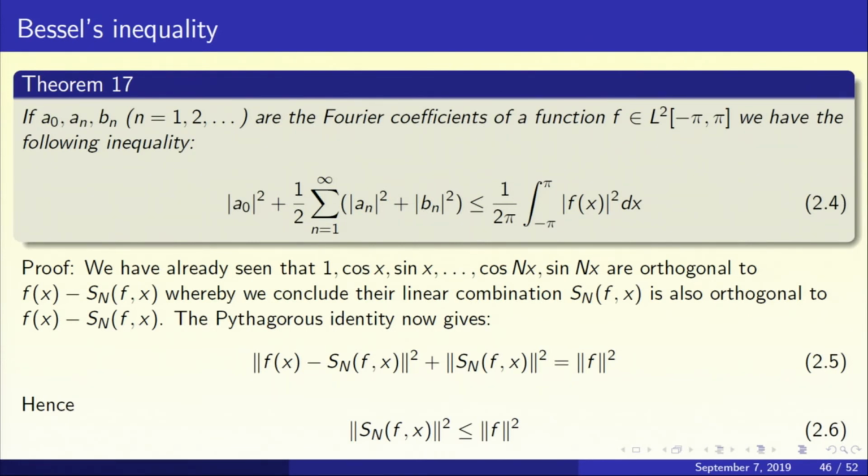We have already seen that 1, cos x, sin x, etc. are orthogonal to f(x) − S_n f(x). That is, f(x) − S_n f(x) is orthogonal to all trigonometric polynomials of degree at most n. And so let us apply Pythagoras' theorem. In particular, f(x) − S_n f(x) is orthogonal to S_n f(x).